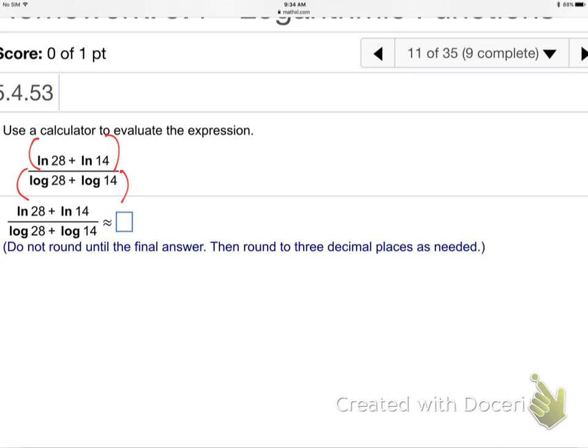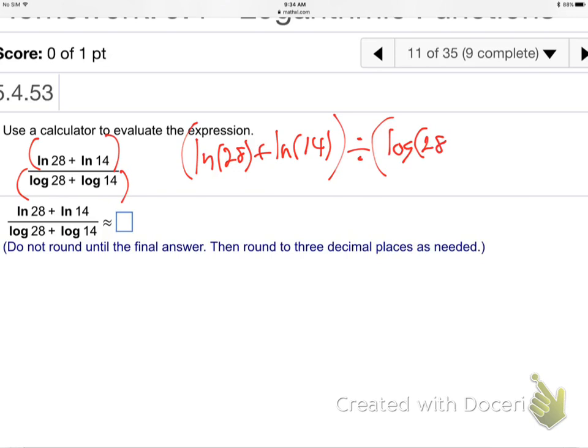So in other words, you've got to type in parenthesis, natural log 28, plus, it also puts parentheses around the little plug-in, parenthesis, divided by, parenthesis for the whole denominator, log 28 plus log 14, parenthesis, like that.